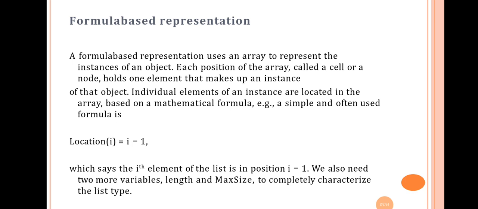For example, a simple formula: location(i) = i - 1, which says the ith element of the list is in position i - 1. We also need two more variables, length and max size, to completely characterize the list type.